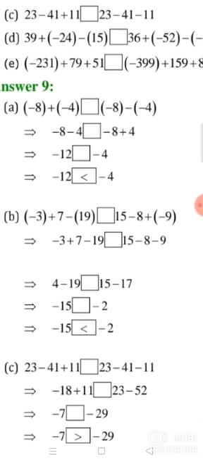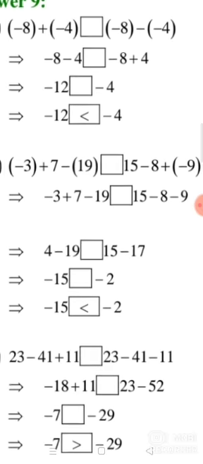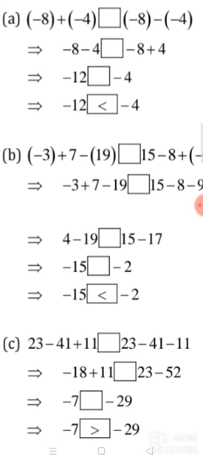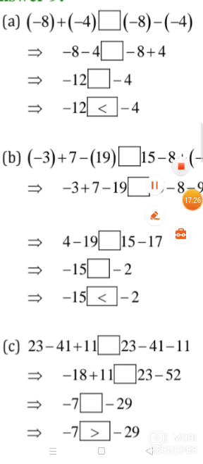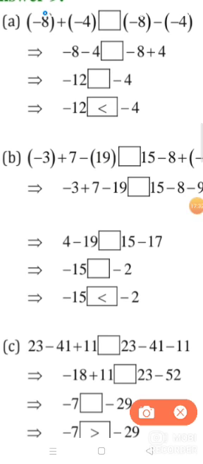Okay friends, now we are going to see the C part of this question. Now in this question, negative 23, positive 23, that means 23 minus 41 plus 11. This is the LHS.